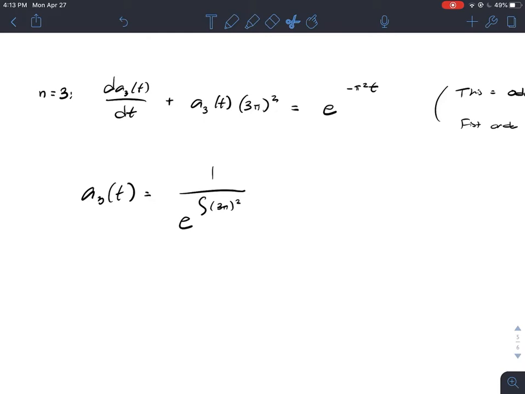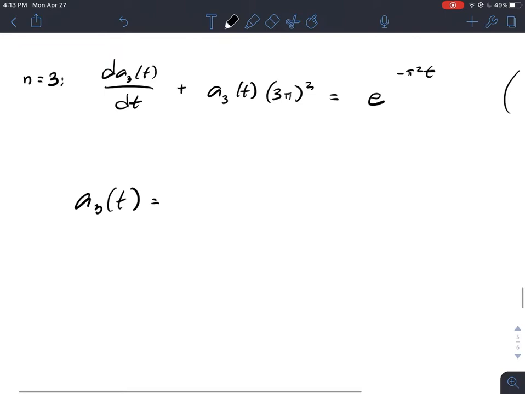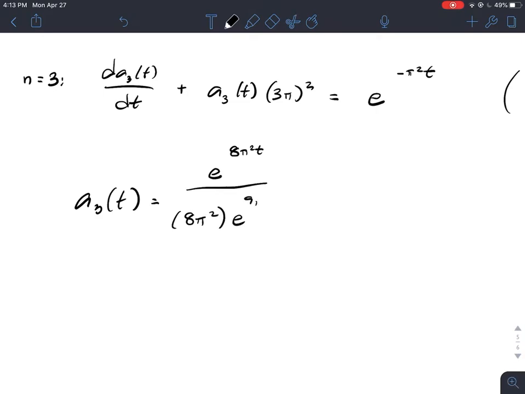Once you solve out this diff EQ for a sub 3 of t, what you should end up with is e raised to the e pi squared t over 8 pi squared e to the 9 pi squared t plus some arbitrary constant over e to the 9 pi squared t. So that's a sub 3.